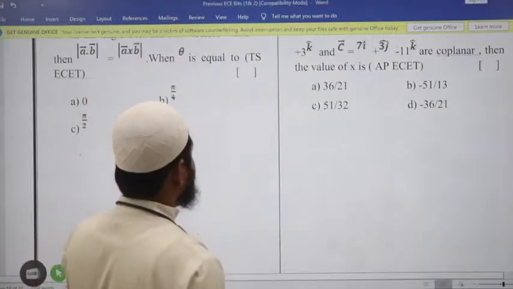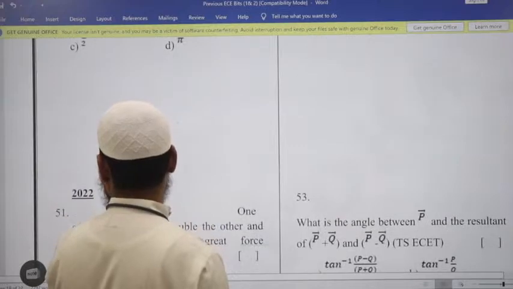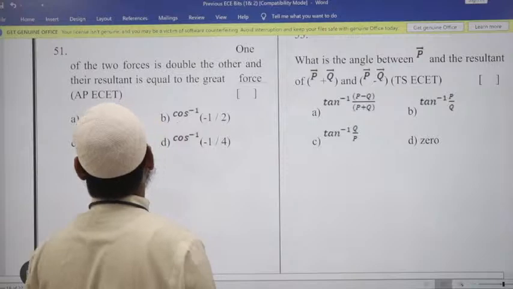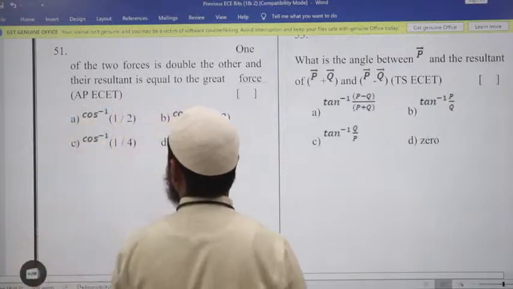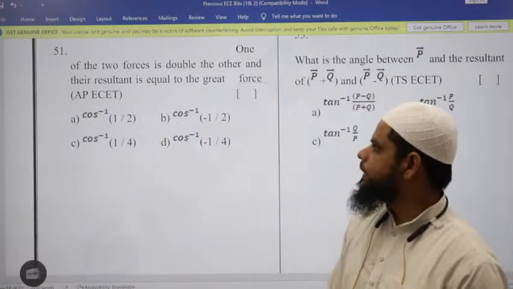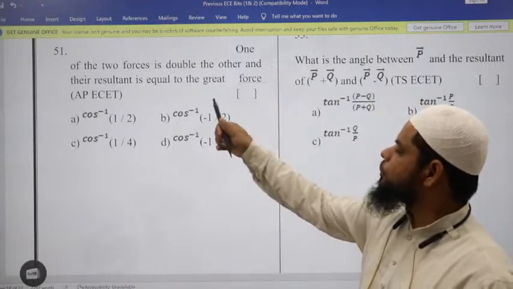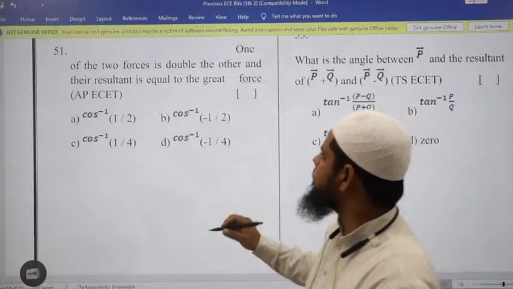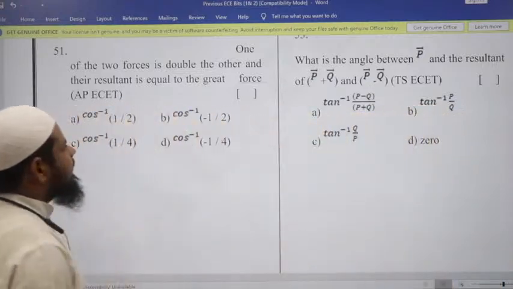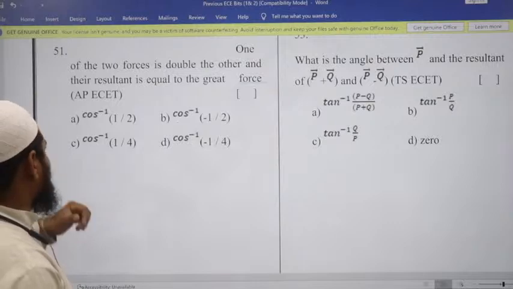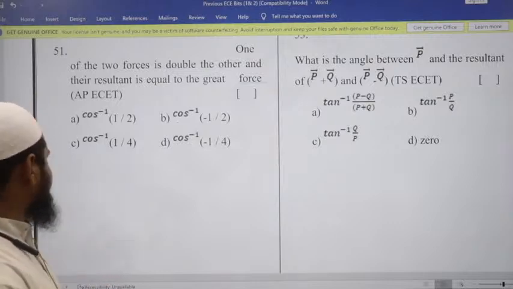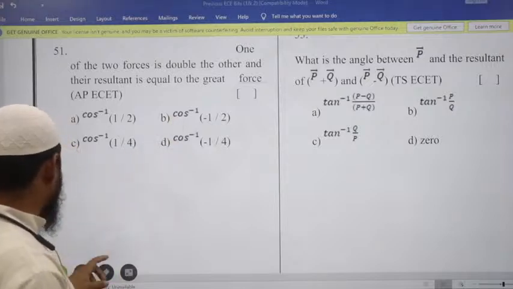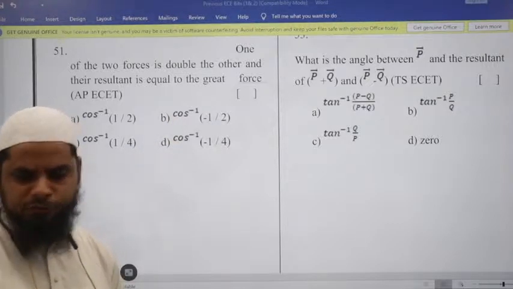The next one, move on to 51. So here, one of the two forces is doubled, the other, and the resultant is equal to greater force, then what is the angle? That's what we need.